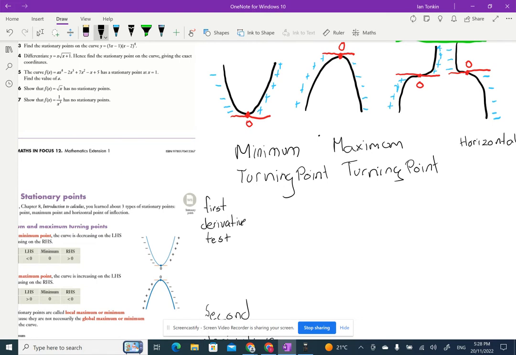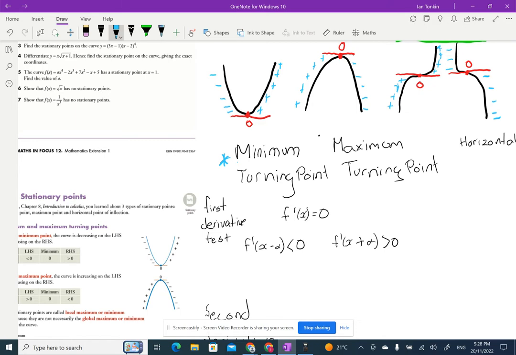So the first derivative test: if f dash of x equals 0, and we look a little bit to the left, f dash of x minus a little bit, and it's less than 0, negative, and then on the other side, f dash of x plus a little bit is greater than 0, then we get a minimum turning point.